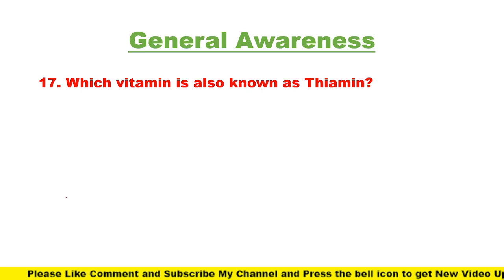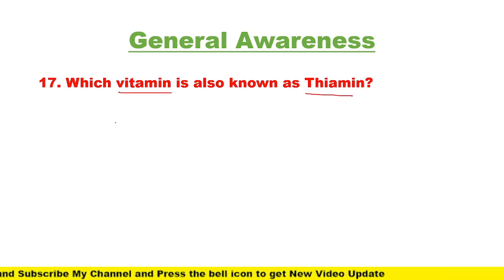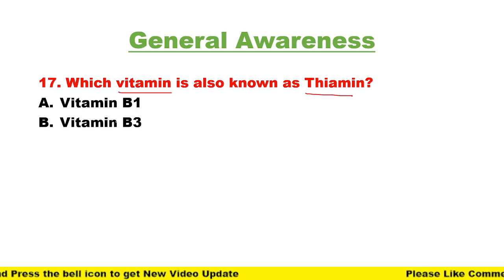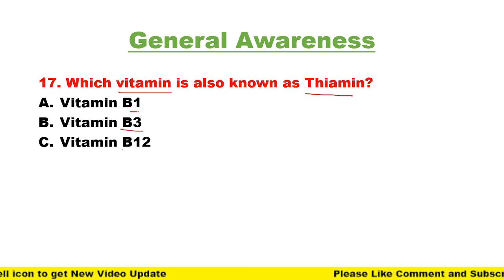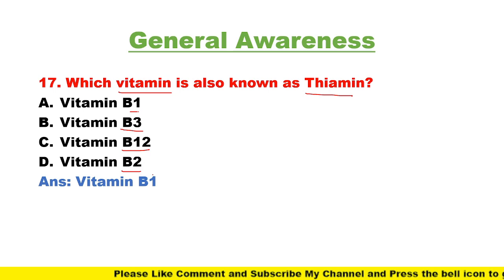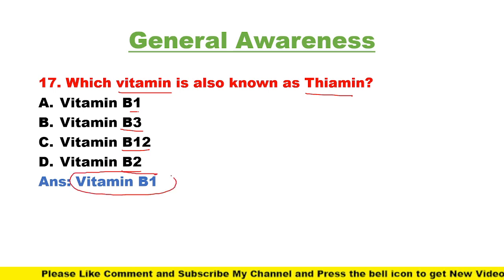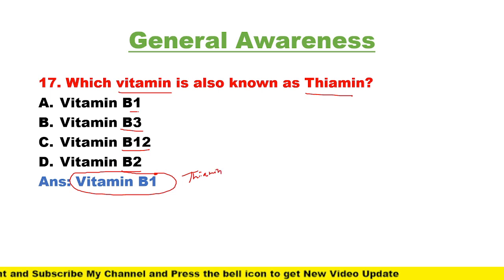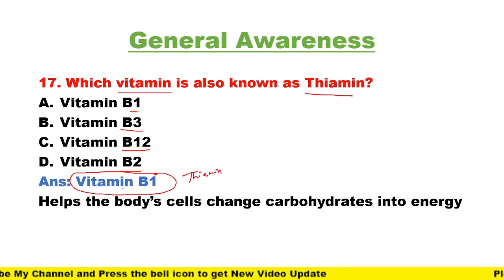Next. Which vitamin is also known as thiamine? The options: vitamin B1, vitamin B3, vitamin B12, vitamin B2. The answer is vitamin B1, which is also known as thiamine. What does this vitamin do?